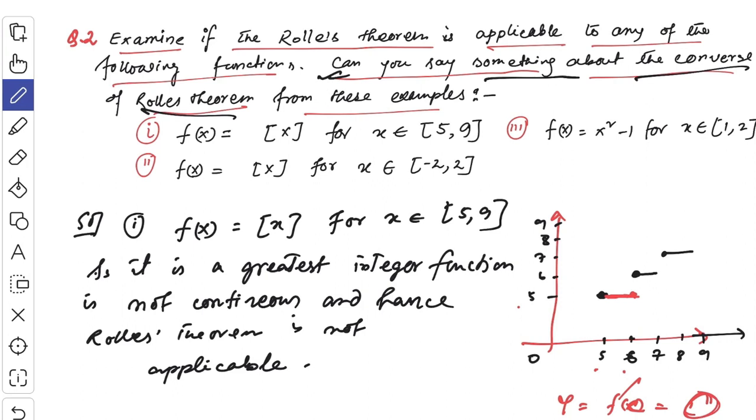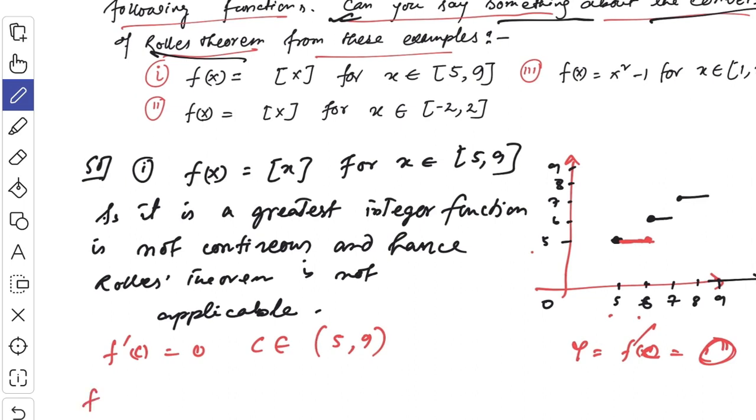But let me check the converse of Rolle's theorem. One condition is satisfied, that we have f dash c equal to 0, c belongs to 5 to 9. But let me check whether the other condition is applicable or not: is f of 5 equal to f of 9?